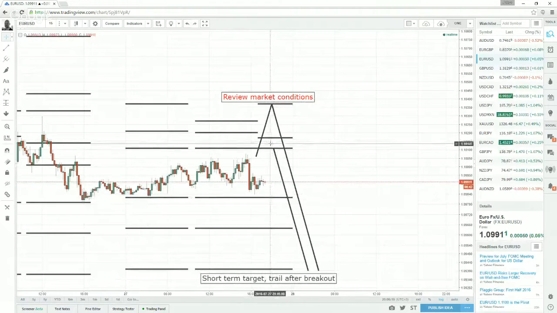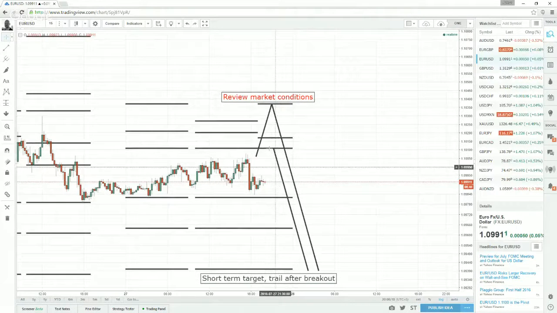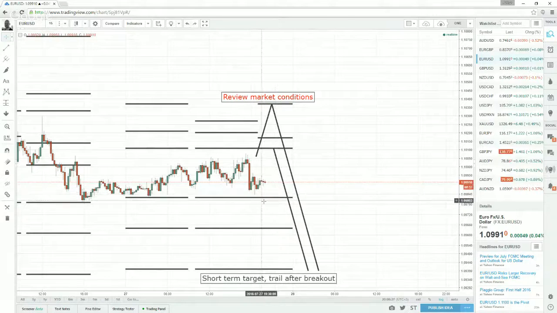As we have these two levels here, if you want to participate in the news movement, then you can place a buy limit here and a sell limit here, if you don't know where the price is going to go.